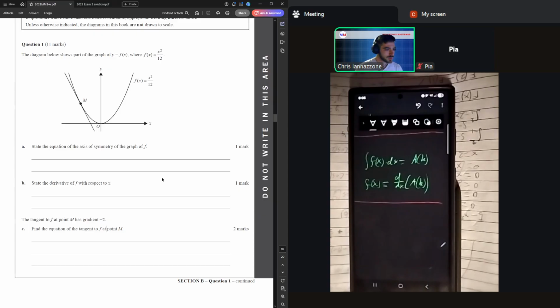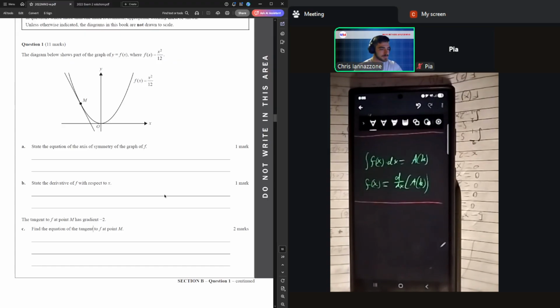The tangent to f at point M, so there's your M over there, has a gradient of -2. Find the equation of the tangent at point M. It's a bit nastier because now you can't use the CAS tangent line function anymore, because you need an x value for that.